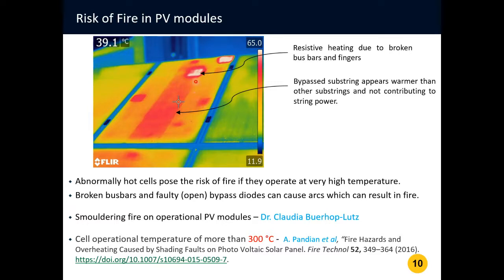But interestingly, we can see that the substring in the middle is warmer than the other substrings, indicating that this substring has been bypassed by the bypass diode across it, probably because of the broken bus bars in this hot cell.